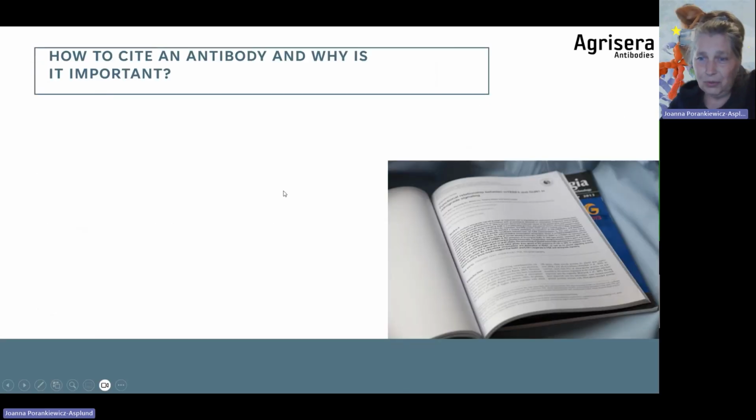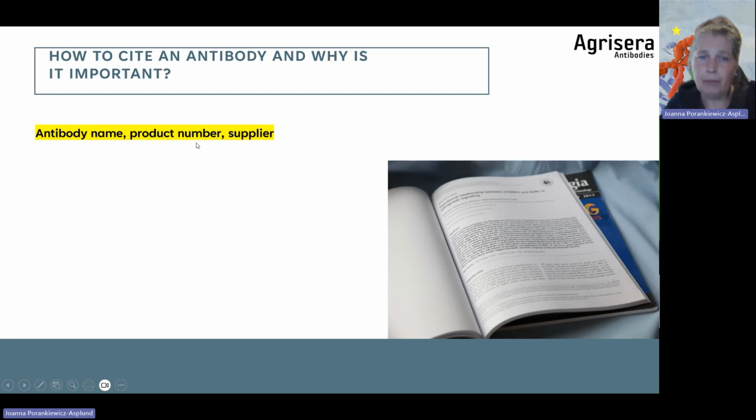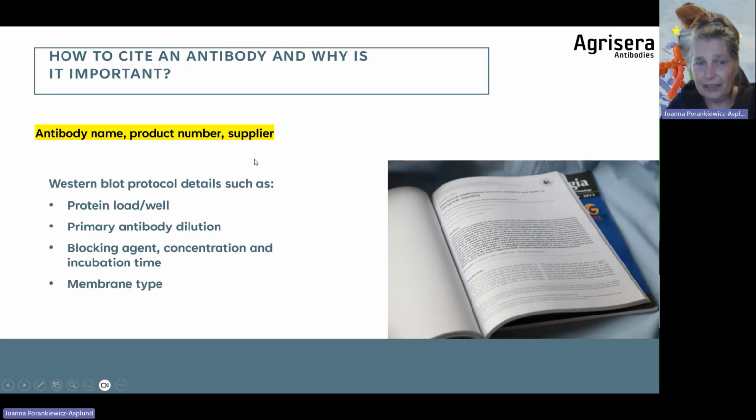I would like to bring up this important topic of how we cite antibodies. Please keep in mind to always include antibody name, product number, and supplier. This way, you will help yourself and your colleagues and increase reproducibility.